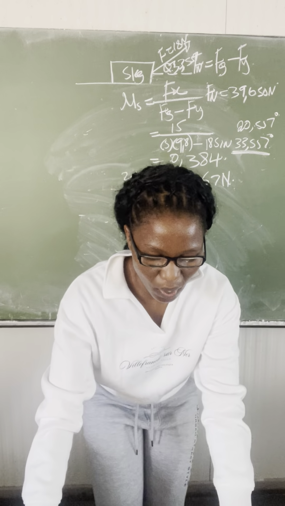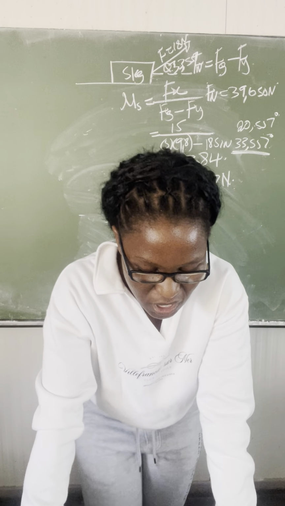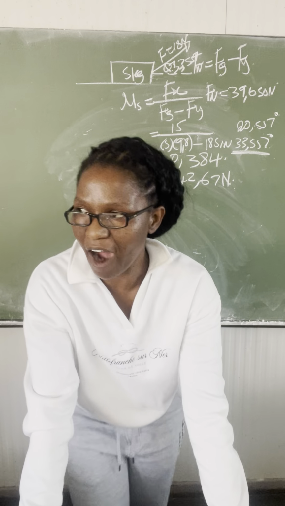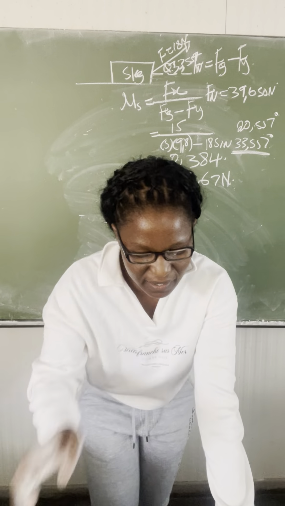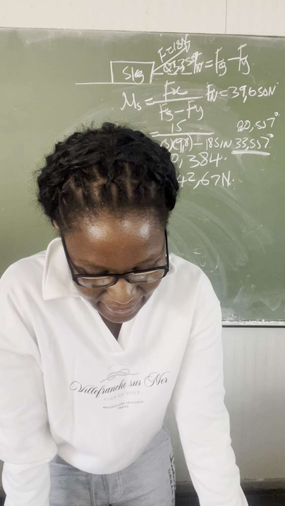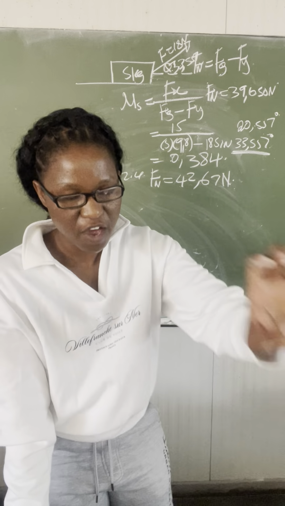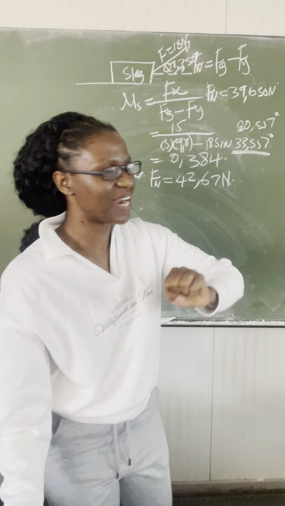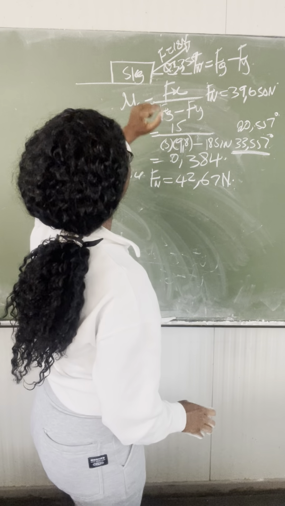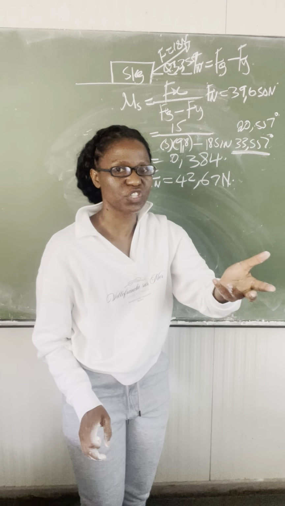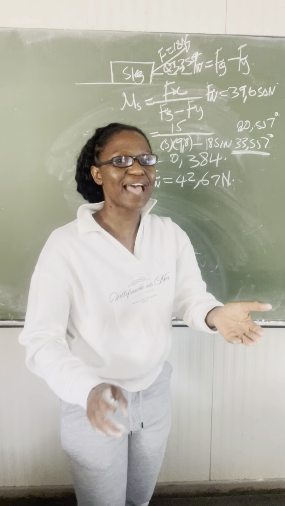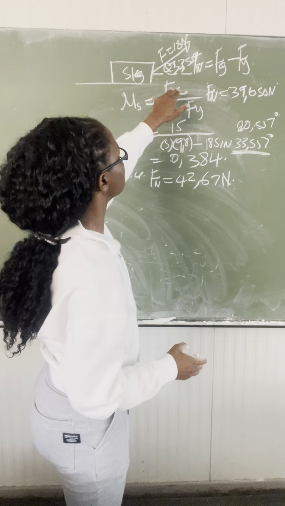The question is asking, how will the friction acting on the block be affected? Choose from increases, decreases, or remains the same. Explain the answer for 4 marks. So basically, they're asking what will happen to the static frictional force as the angle decreases.